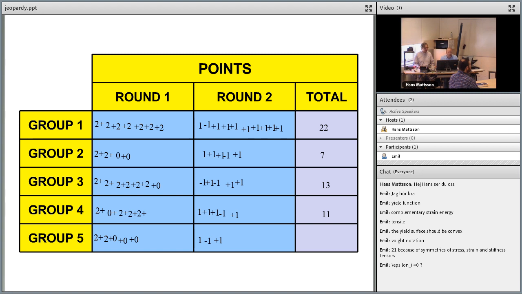Is it correct? Are you agreeing with me in my calculations? We have a clear winner anyway. I think it's no doubt about that. It's group number 1, so we give them an applause.